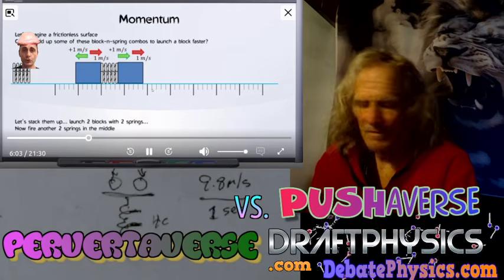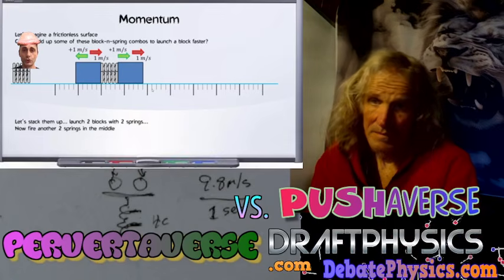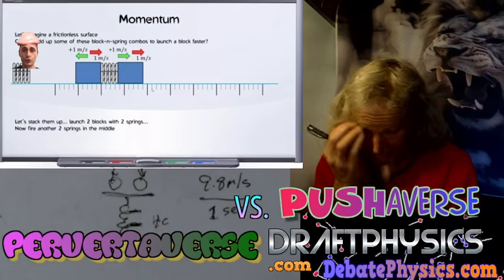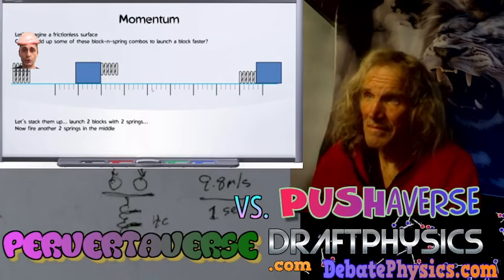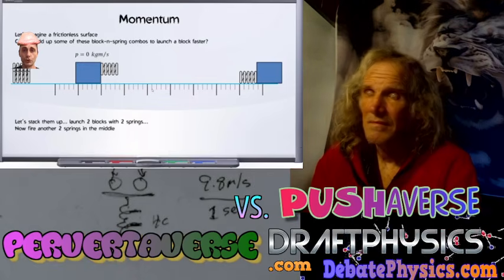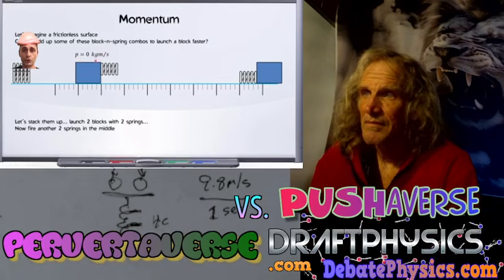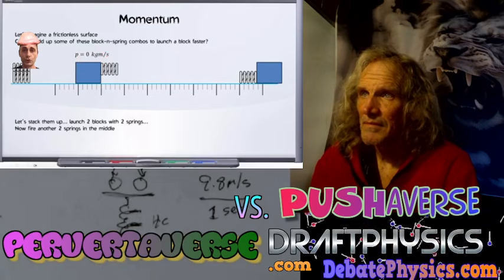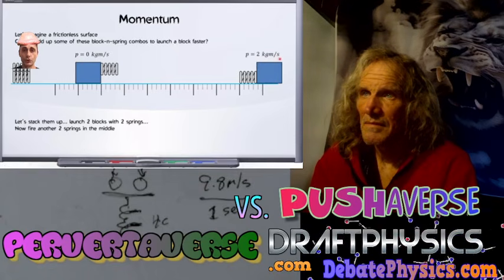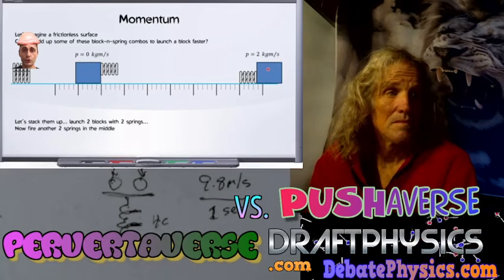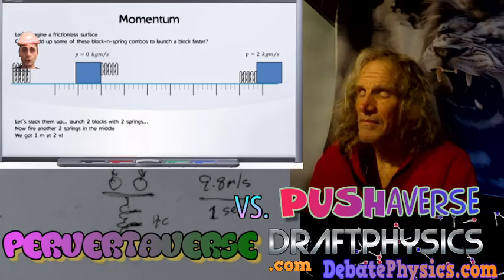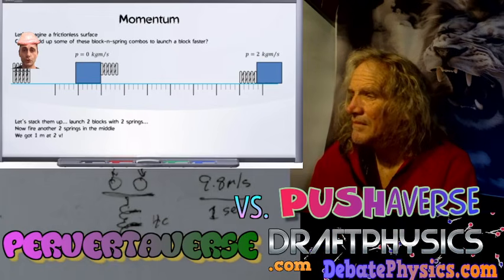To transfer 2 kilogram meters per second in opposite directions, 1 in each of the directions, I should be able to fling my final mass out. I will have left this mass with no momentum, and finally I now have my 2 kilogram meters per second on this mass in the configuration that I was looking for, which is one mass moving at 2 times the speed.